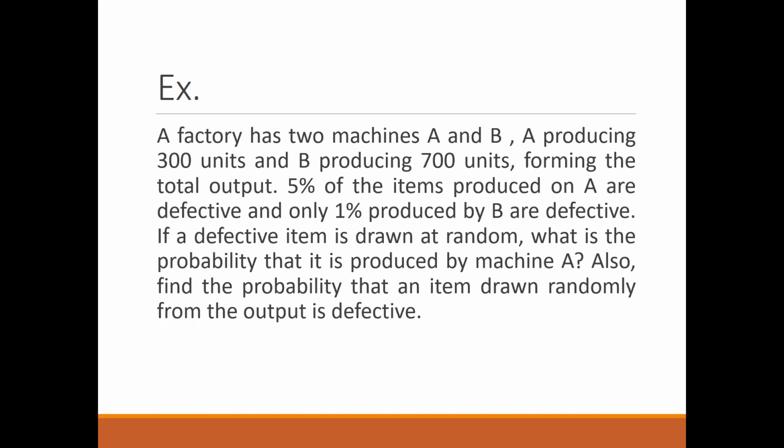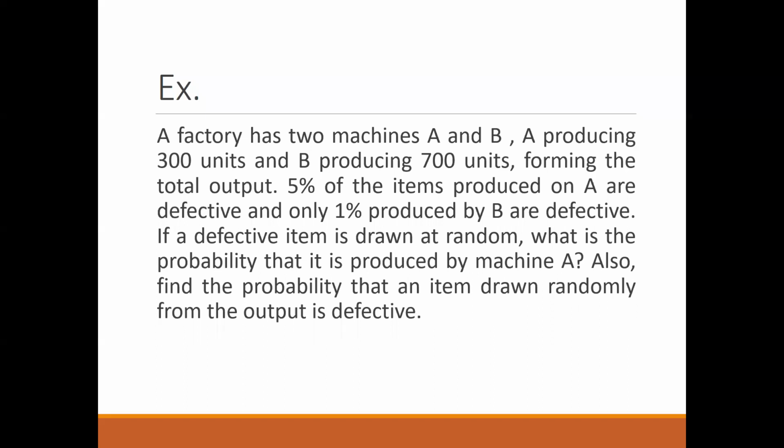So we need to find out the total of this, that is 1000 units are produced by these 2 machines, A and B. Now 5% of the items produced on A are defective and only 1% produced by B are defective. If you say 5%, then 5 divided by 100, which is going to give me 0.05. Okay, similarly you can do for 1%.